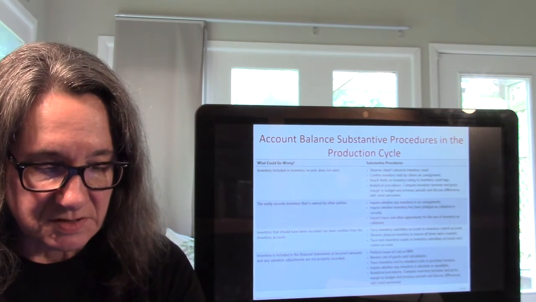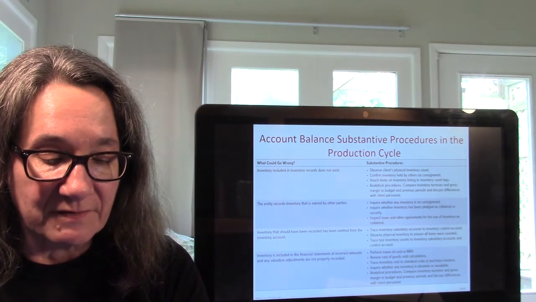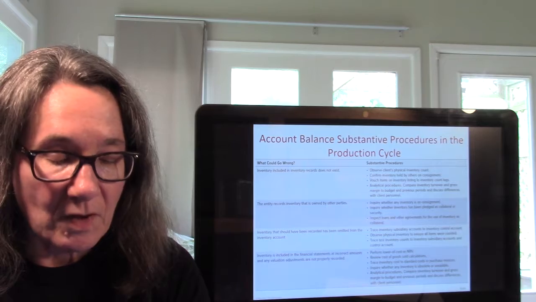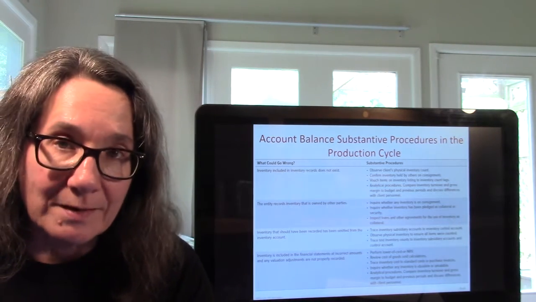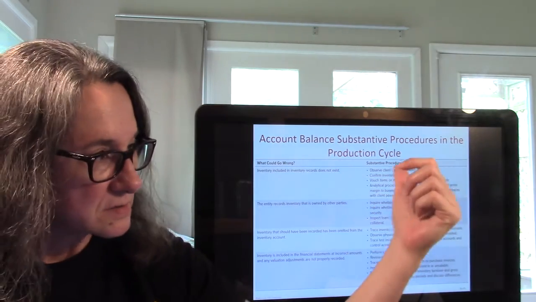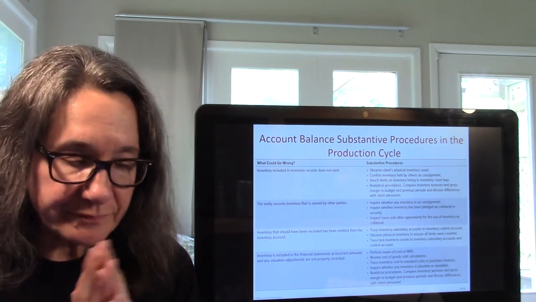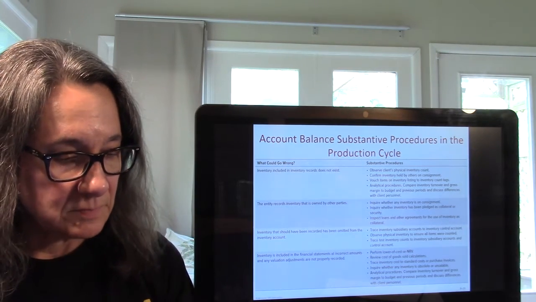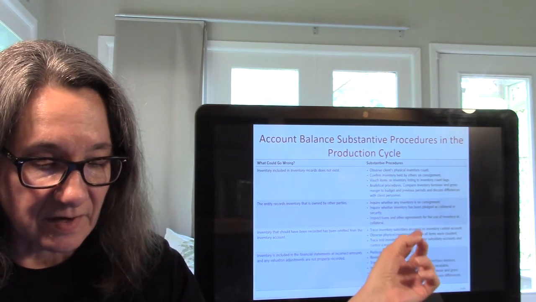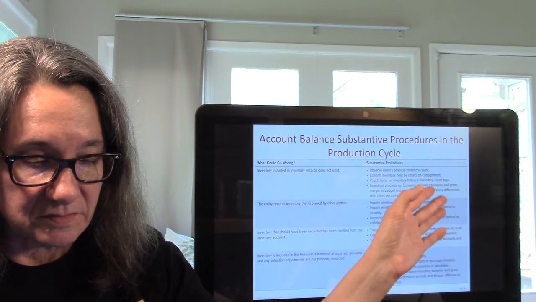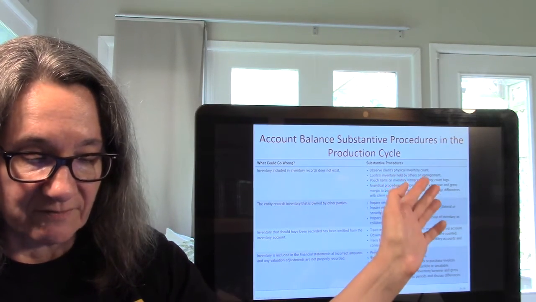Substantive procedures. The main substantive procedure for inventory is the physical inventory. So we'll talk about that in its own whole video, the next one. But a substantive procedure is one that's going to tell you if those numbers on the books are right or not. So you're trying to make sure that none of that inventory is consignment. You're doing some analytical procedures. You're trying to find out if it's on consignment.